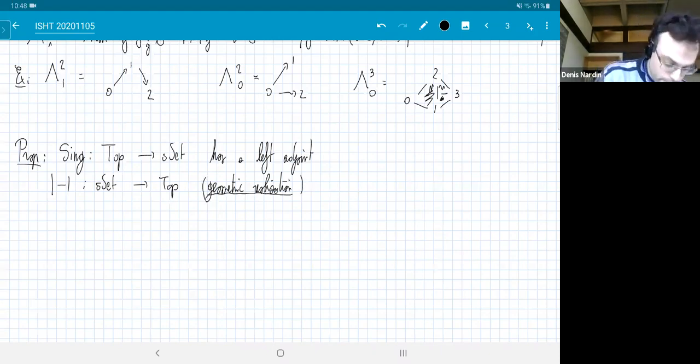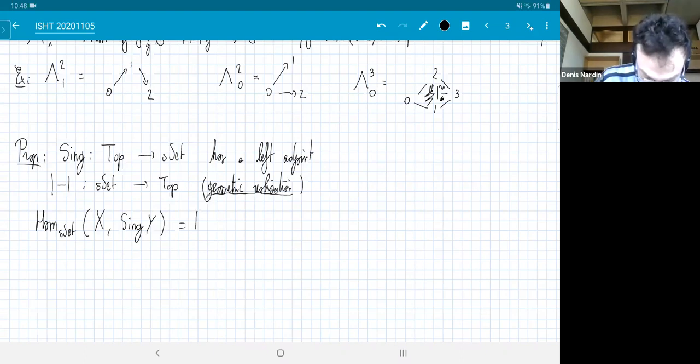Concretely, this means that all homs of simplicial sets from X to Sing Y are the same thing as continuous maps from the geometric realization of X to Y.